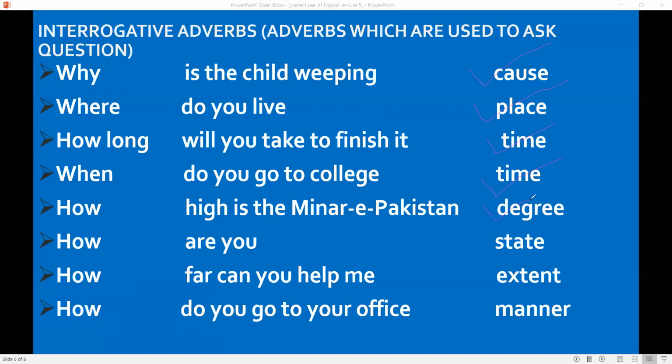Someone wants to know the height of that building. How are you? Your state of health, someone is asking about. How far can you help me? How much can you help me? Extent of your help, he wants to know. How do you go to your office? Manner, you go to office by bus, or on foot, or by car. He wants to know the manner through which you reach your office.